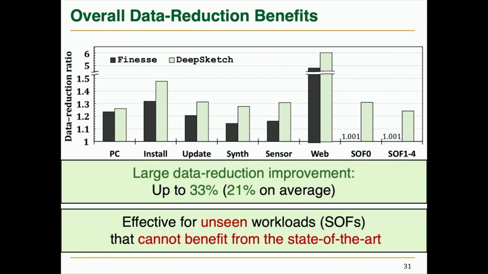First, DeepSketch can provide high benefits even when the workloads are not used in its DNN training, which shows its high generality for unseen workloads. Second, and this is something unexpected, DeepSketch can significantly improve the data reduction ratio even for workloads that cannot benefit from Finesse.